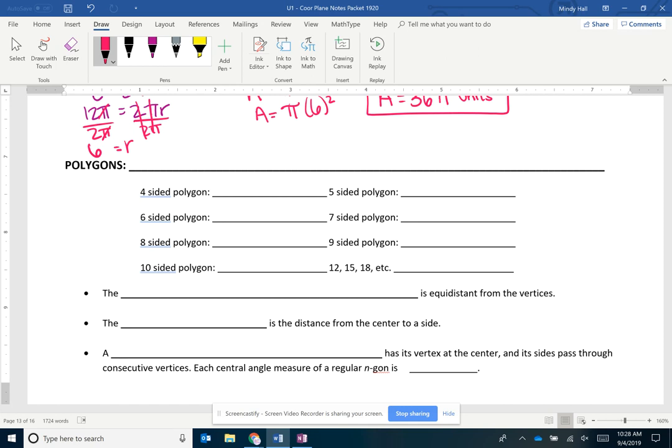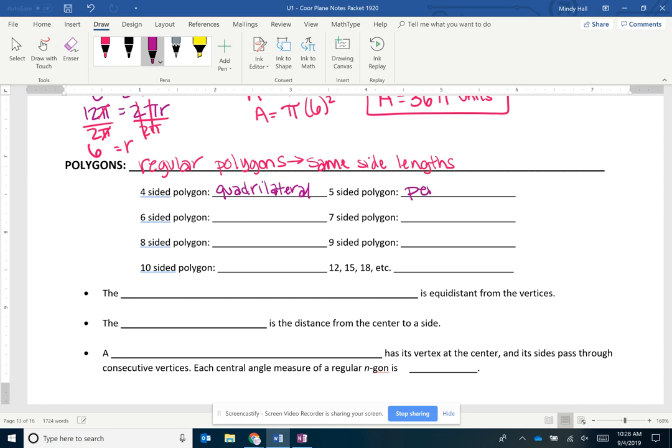With that being said, regular polygons have all the same side lengths. So if I had a 4-sided polygon, that would be called a quadrilateral. It doesn't matter if it's a trapezoid or a square or anything like that, it's just a quadrilateral.